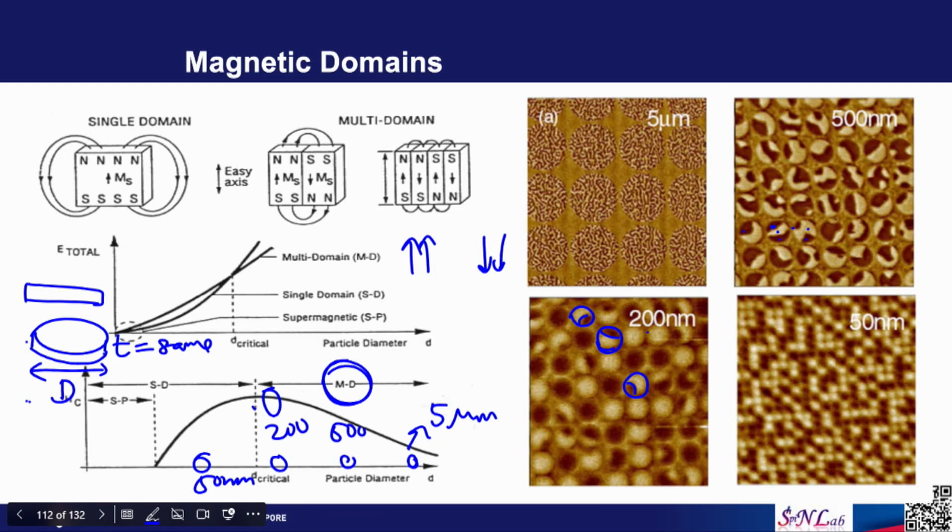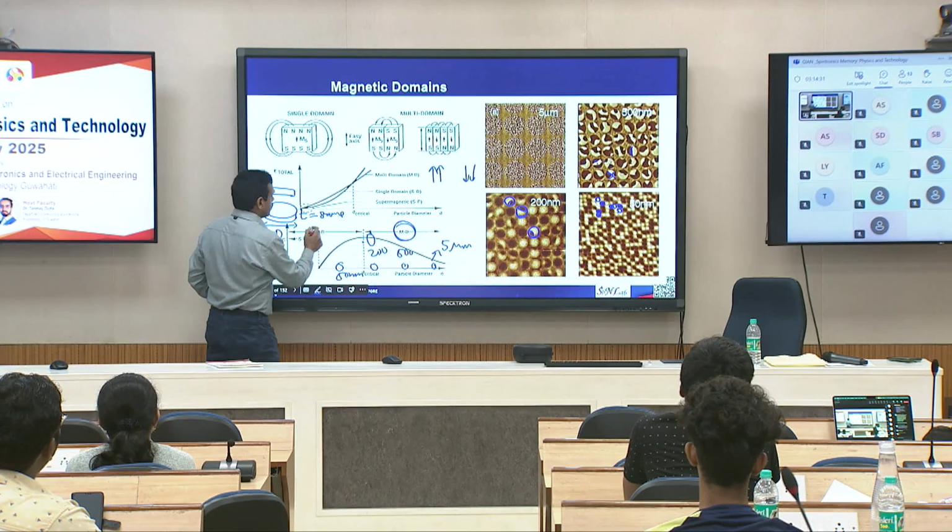But once you go to 50 nanometer, you take all these small regions, either they are fully white or fully brown, right. None of them have any domains like this. Here you see a Pepsi kind of pattern, but here you do not see. Here all of them are either brown or black. That means those small disks are in the single domain state.